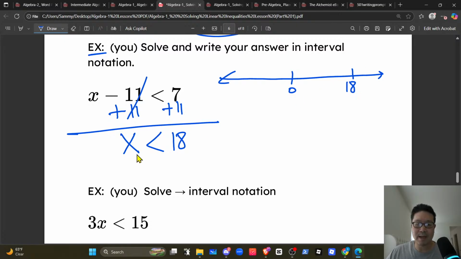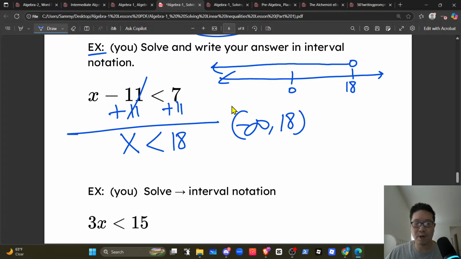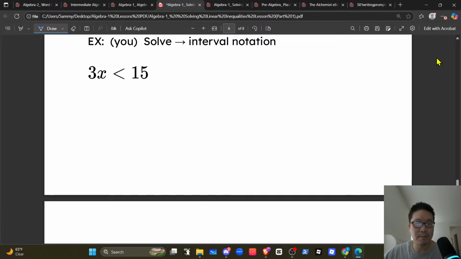Since x is less than 18, open circle, point all the way to negative infinity. In interval notation, this would be negative infinity to positive 18, parentheses. Why is it parentheses? Because we have an open circle. It's a strict inequality.